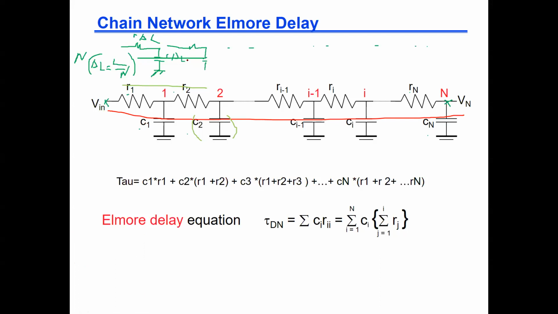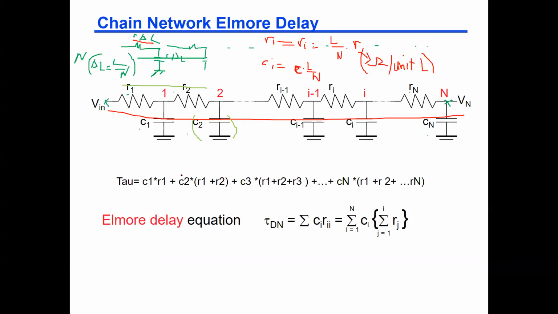Now if my wire is divided into equal portions, where each one has R1 equal R2 equal Ri for all i, equal to L over N times little r, where little r is the ohms per unit length, meaning ohm per meter for example. And if little c, the Ci are also equal to each other, equal to c times L over N, where c is also capacitance per unit length.